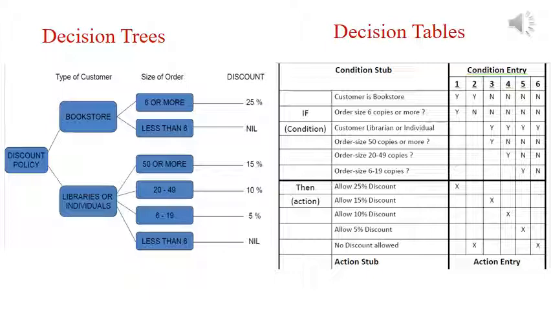Third is if the customer is a library or individual. We check four different conditions. First, if the order is 50 or more, then we have a 15% discount. If the order is between 20 and 49, there is a 10% discount.